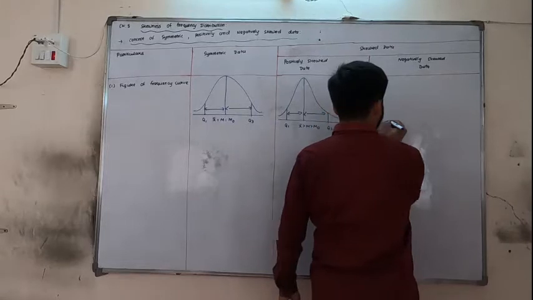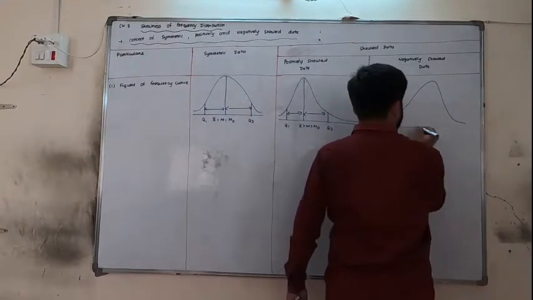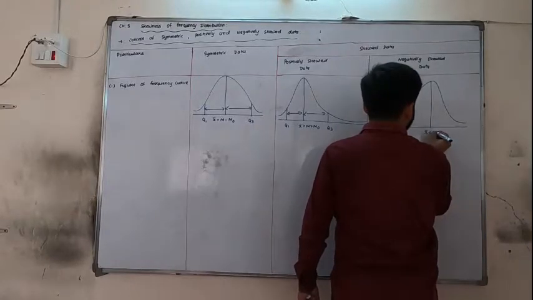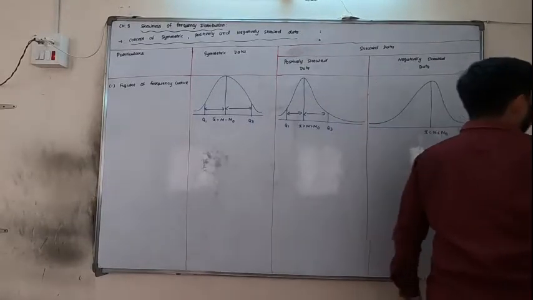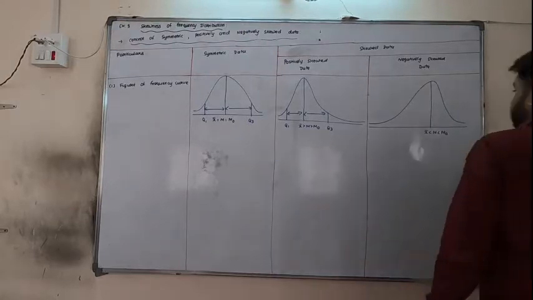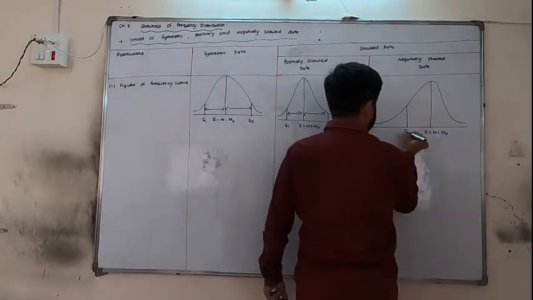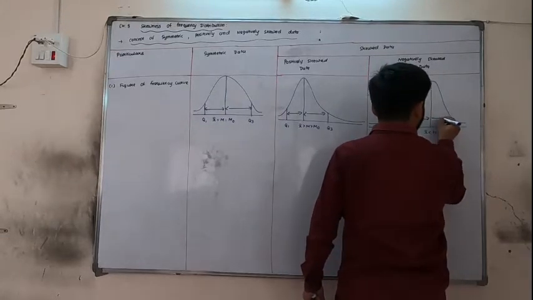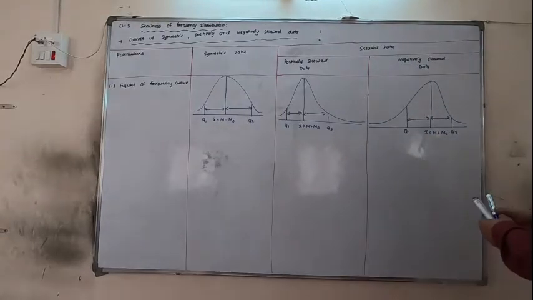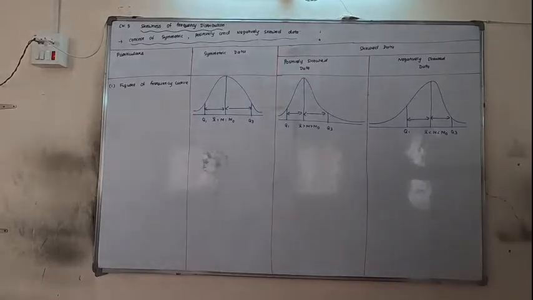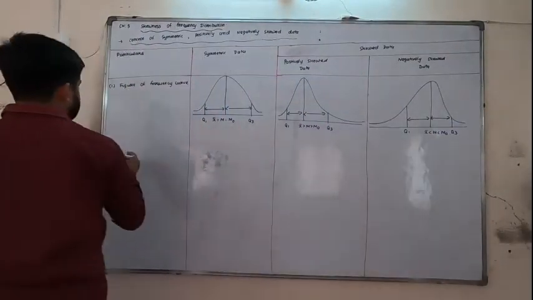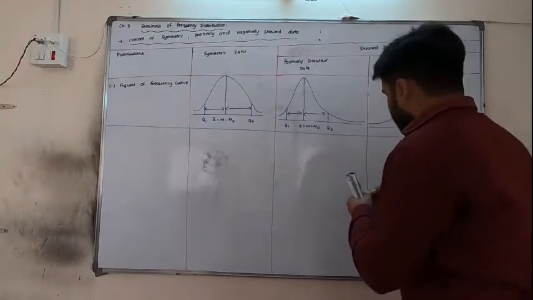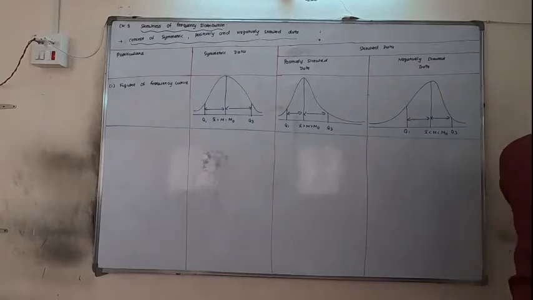Then here, the left tail, x bar less than m less than mo. So these are the figures of a frequency curve. In the exam it will not be asked, but for your understanding we are writing. For small questions we need these things.